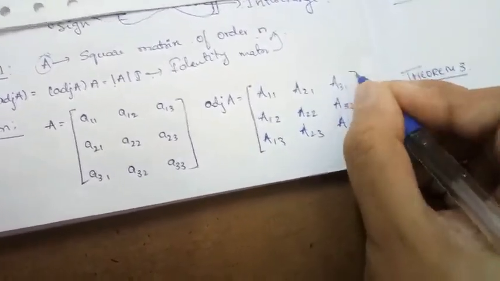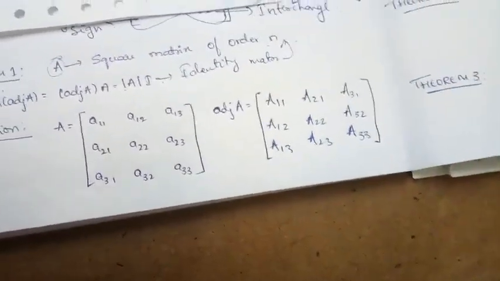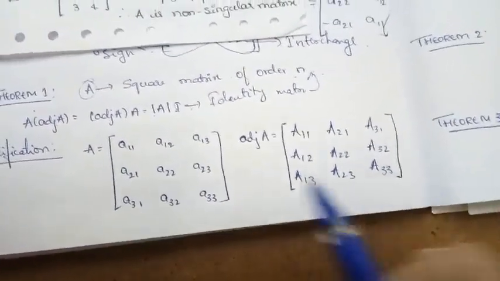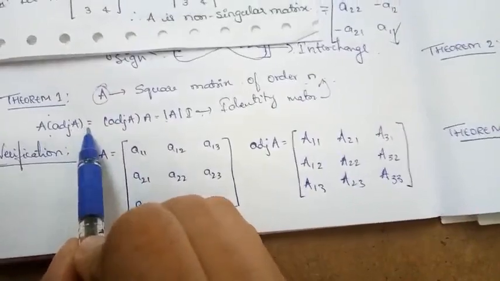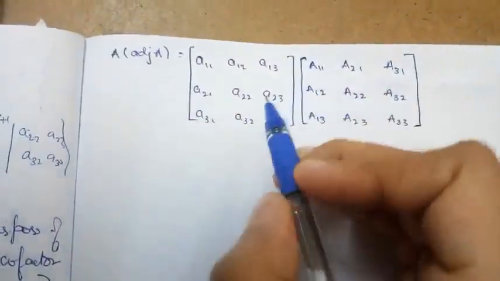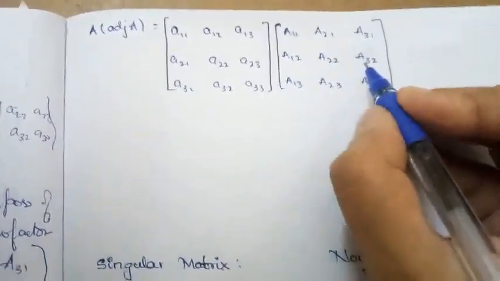So this is the adjoint of the matrix A. Now they are saying A into adjoint A, so we need to multiply the matrix A with the adjoint A.